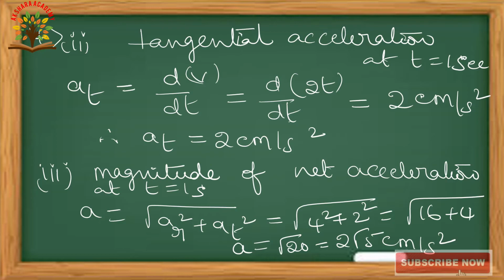Substituting the values, 4 square plus 2 square. 4 square how much? 16. 2 square 4. 16 plus 4 how much? 20. 20 can be done as 4 into 5. Root 4 how much? 2. So 2 root 5 centimeter per second square. This is the magnitude of net acceleration. Final answer. Okay, next we will go to the next question.